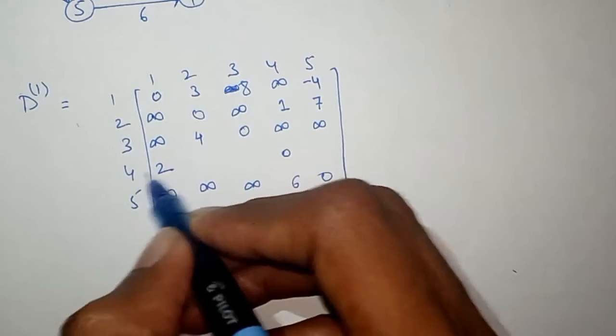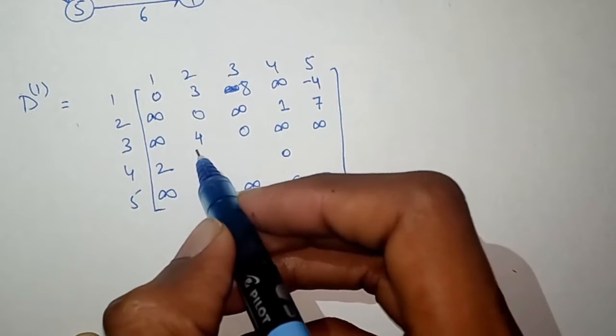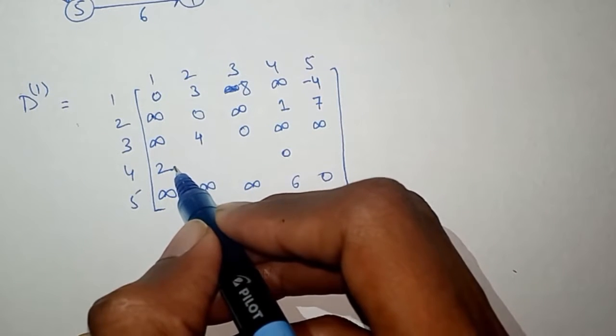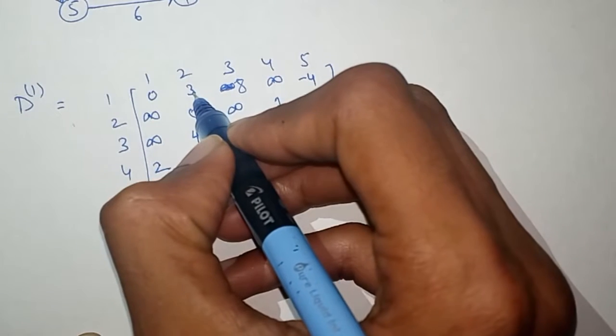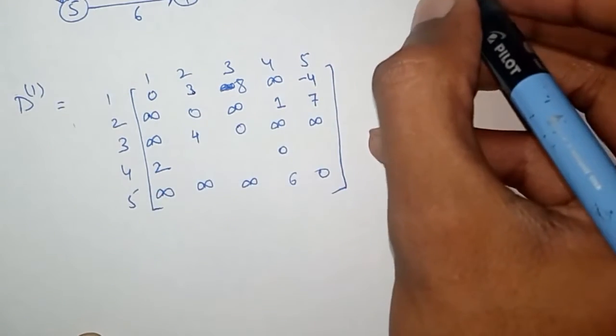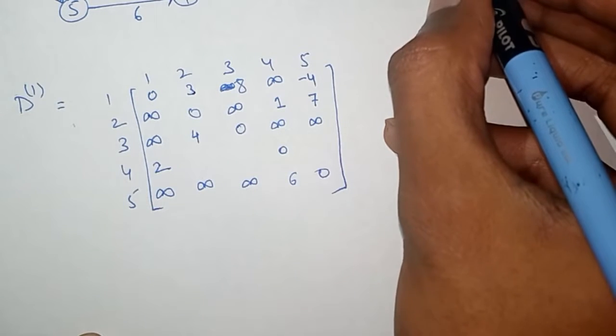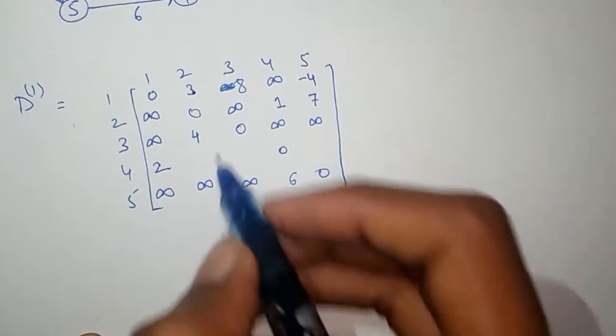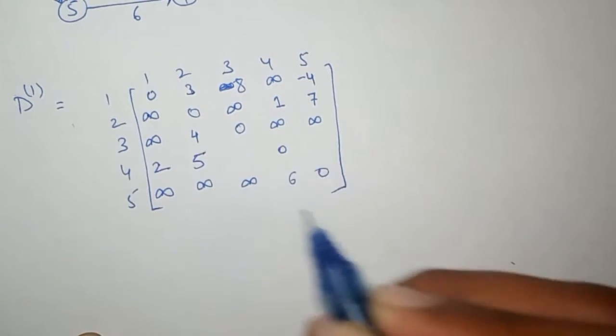Now the element 4, 2 can be found by summing up the elements which lie in front of this element, that is 2 plus 3 is 5, which is less than infinite because this element is infinite in the D0 matrix. So here comes the 5.